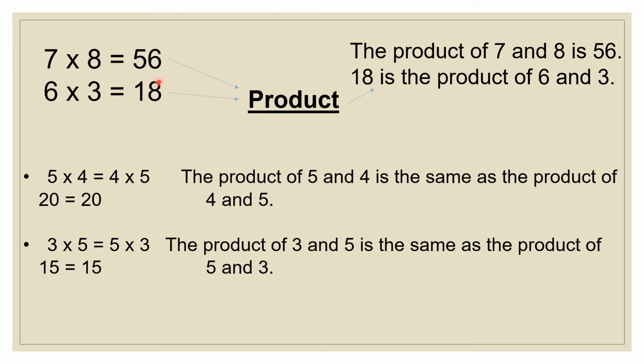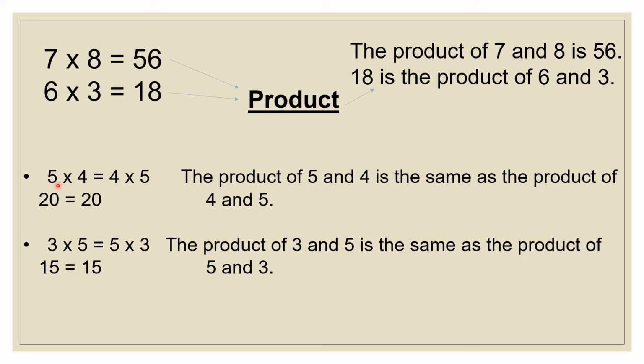That means 6 multiplied by 3 is 18. You can also write it like this: 18 is the product of 6 and 3. You're just changing the structure of the sentence, but the meaning is the same.